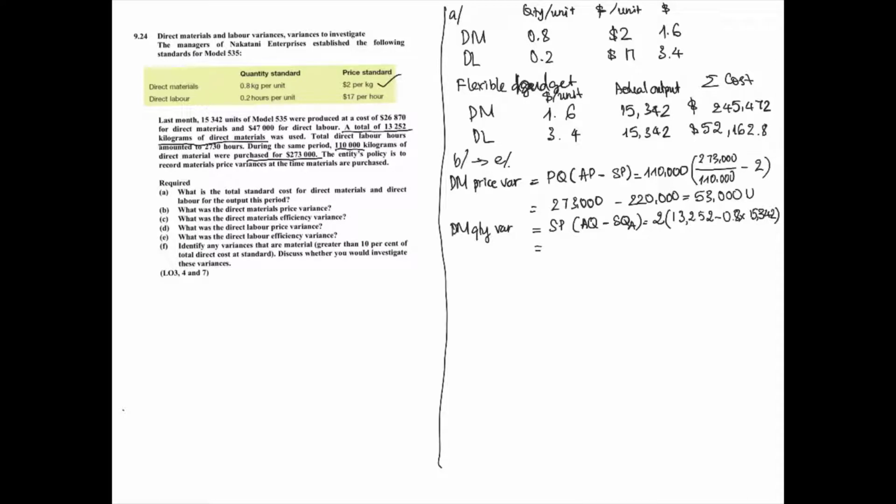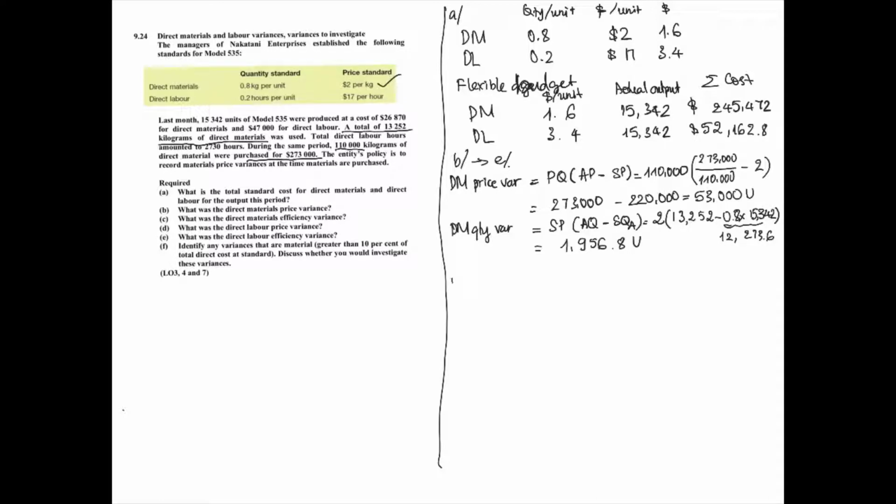And that's how we arrive at 1,956.8 unfavorable. Unfavorable because you'll see that this part is 12,273.6. So basically the actual quantity that we use is more than the quantity that we should have used given that actual output.